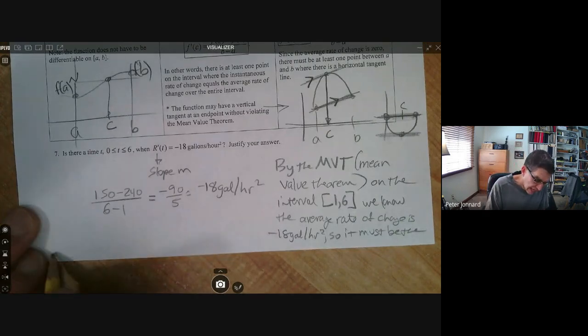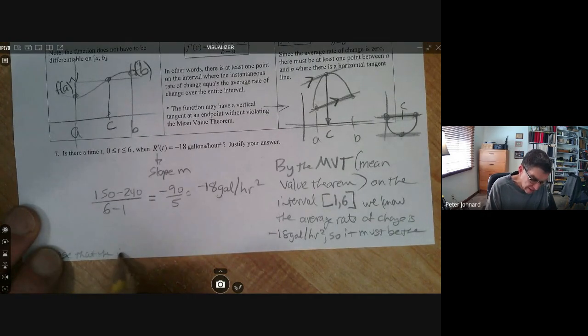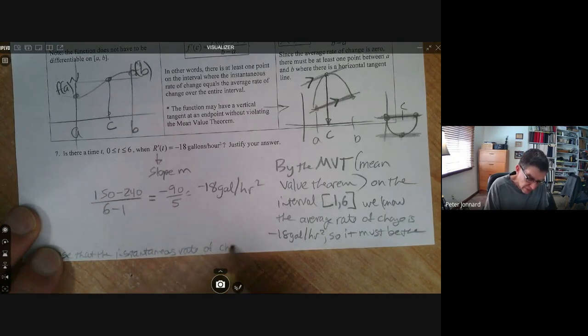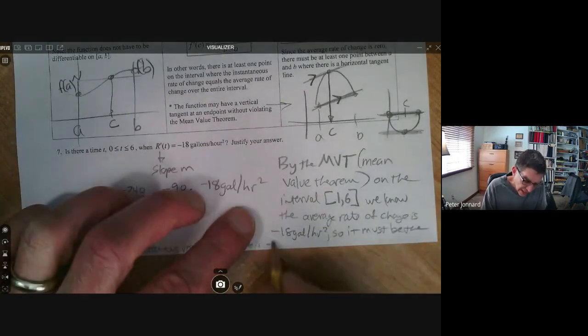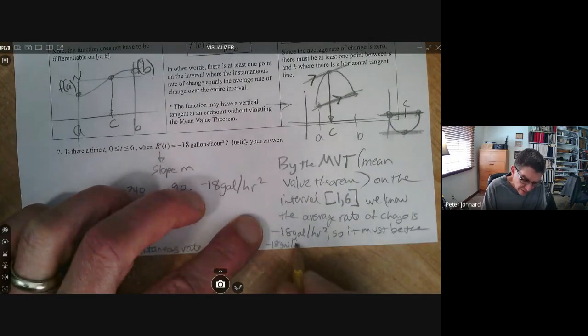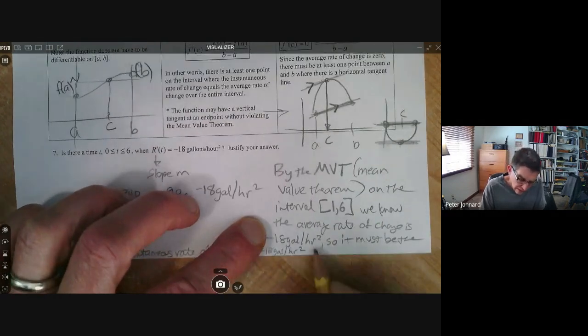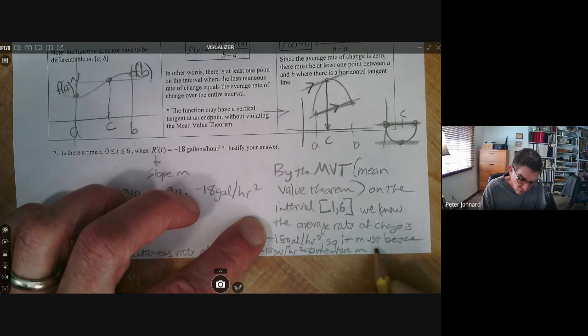So it must be the case that the instantaneous rate of change is negative 18 gallons per hour somewhere on the interval from 1 to 6 hours.